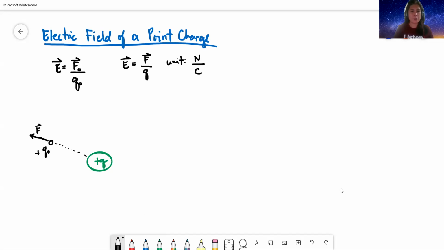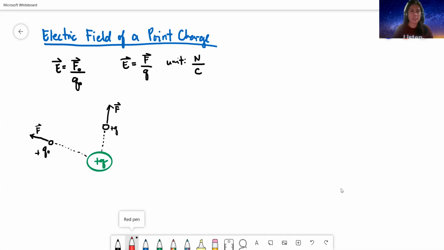If I transfer my test charge somewhere here, it's still, of course, a source charge and a test charge. This is now the imaginary line that connects the two. This is, again, a repulsive force. So this is now the force received by the test charge. We mentioned in the earlier video that the direction of the electric field of the source charge is the same as the electric force received by a positive test charge.